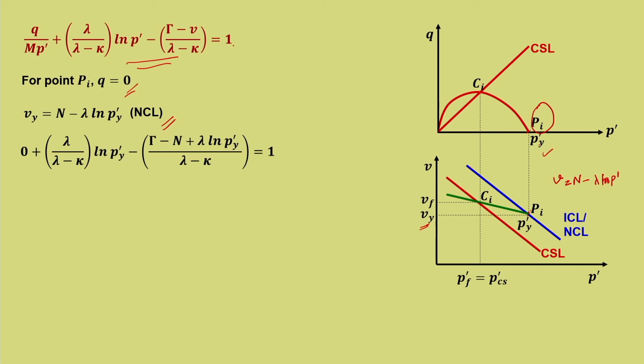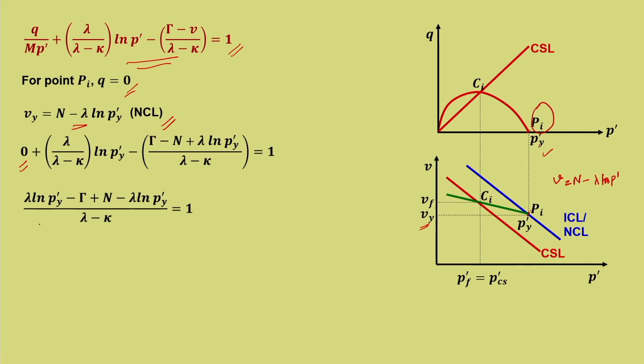Substituting this in the state boundary surface equation or the yield curve equation, q is 0, lambda by lambda minus kappa ln, here specifically we are dealing with this particular point, so it is p dash y. So, p dash is equal to p dash y minus gamma minus, substituting this will become minus n plus lambda ln p dash y upon lambda minus kappa, which is equal to 1.